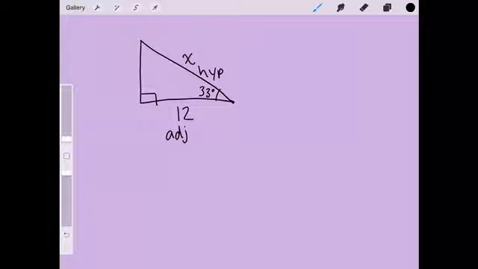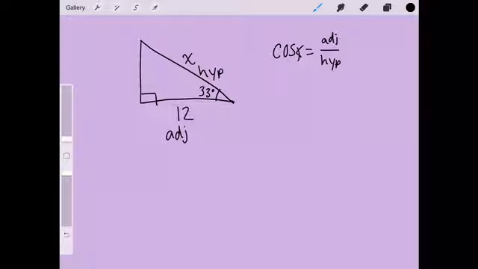So now which trig function will we be able to use that utilizes the adjacent side and the hypotenuse? Good. Adjacent over hypotenuse. So SOHCAHTOA, C-A-H. Depending on what mnemonic device you come up with, that's going to maybe help you remember. But we're going to use cosine, because cosine of the angle is equal to adjacent over hypotenuse.